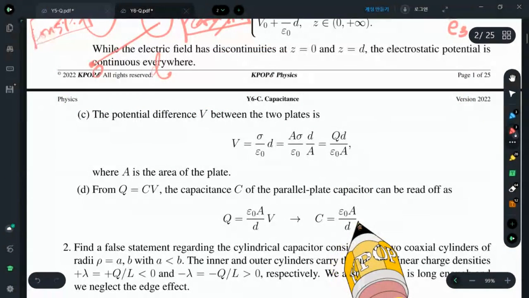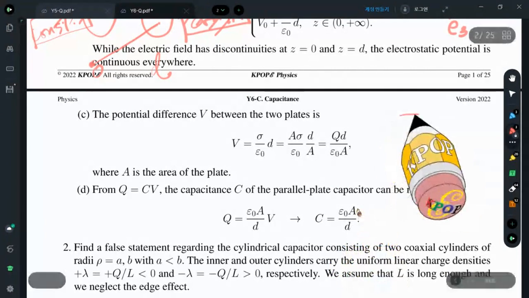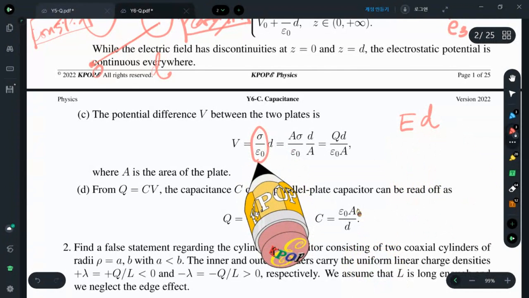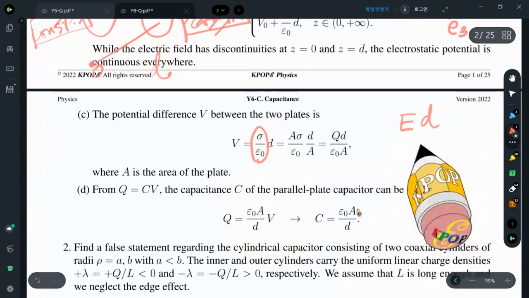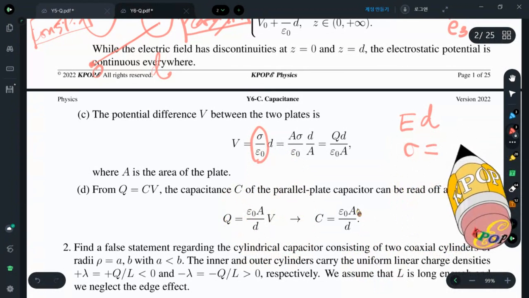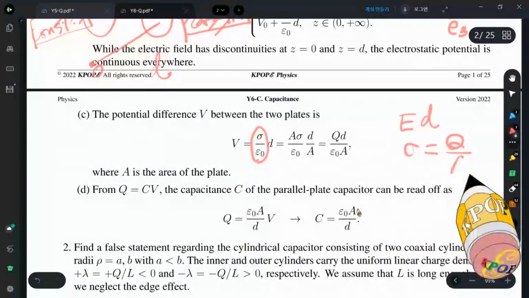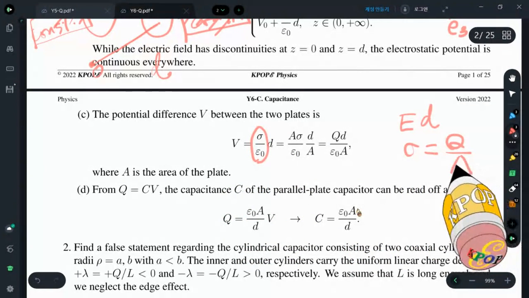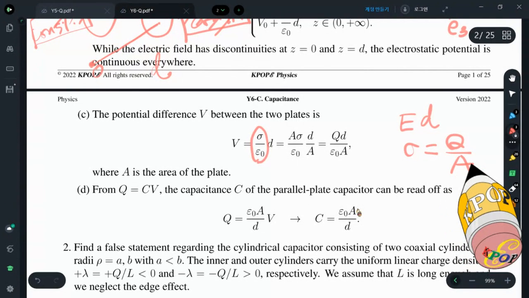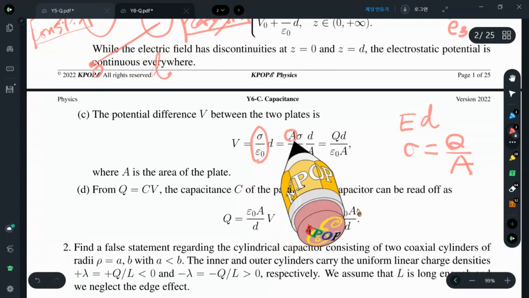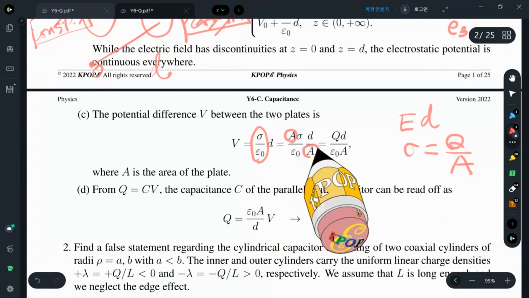The potential difference between the two charged plates is E times D. This is the electric field between the two plates, and sigma equals Q over A. Let's see. Sigma is here. We multiply A in the numerator and denominator.